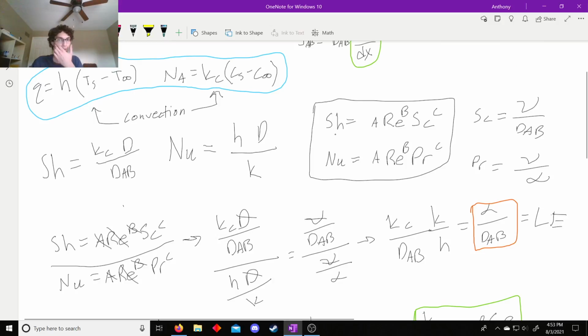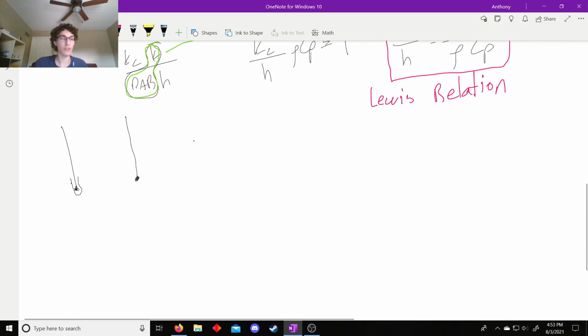So the Sherwood number and the Nusselt number, we said that they actually have the same coefficients here for A, B, and C, and because of that, we can relate mass transfer and heat transfer. So what we're gonna do is we're gonna use the difference in temperatures to relate that to the difference in concentration of water or moisture content in the air.